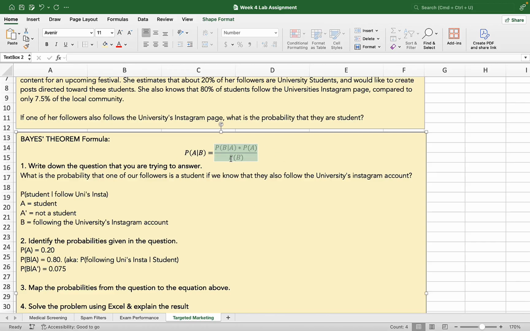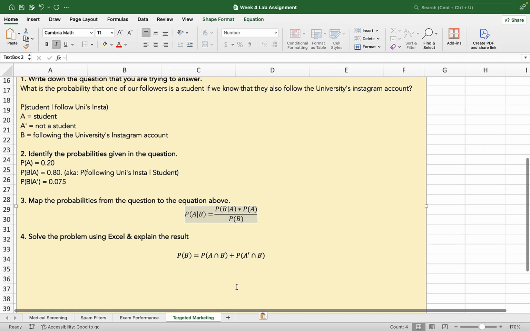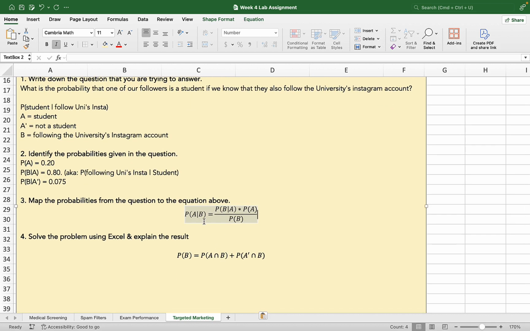We're just missing B. So let's take this equation, bring it down here, and let's solve what we have. We don't know the probability of A given B. That's what we're looking for. But we do have the probability that someone follows the Instagram account of the university given that they're a student, and that's 0.80.